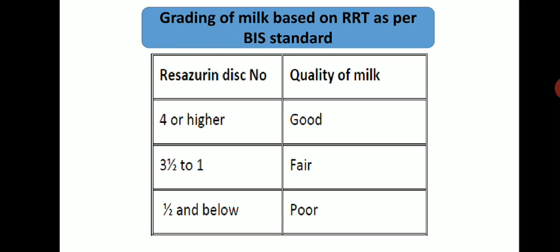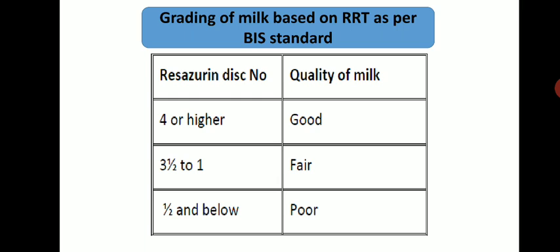As seen in the MBRT test, here we can also grade the milk based on RRT, and these are some standards given by BIS, the Bureau of Indian Standards. If the color change is observed in 4 hours or more, then the milk quality is considered good.